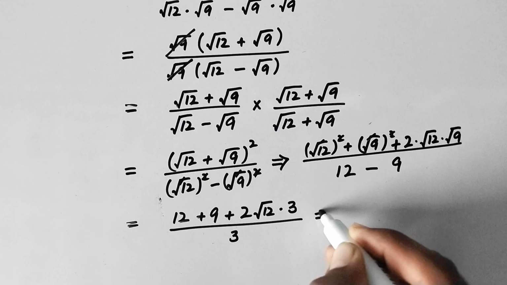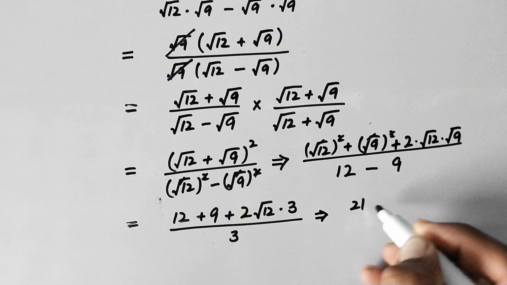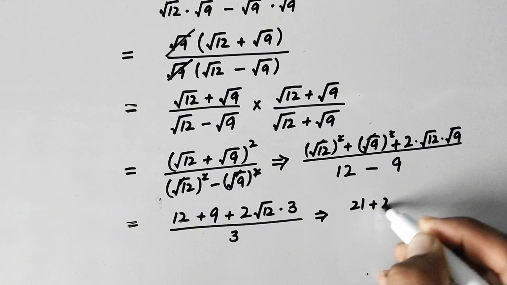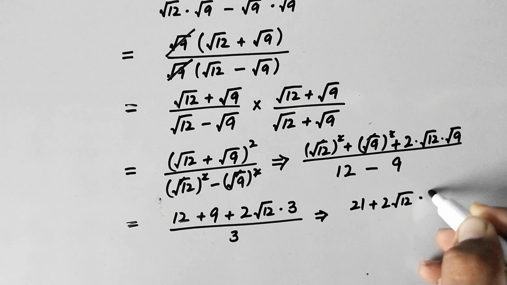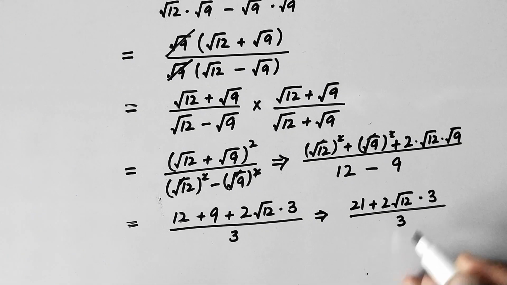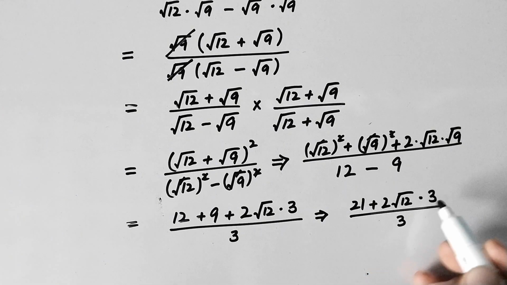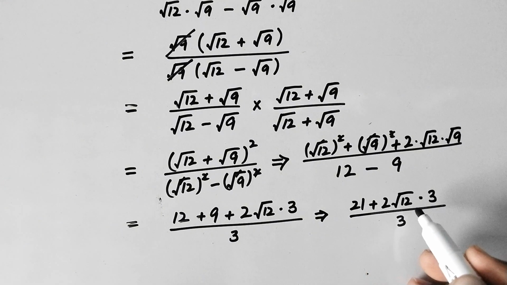Now this will be equal to 12 plus 9 is equal to 21, plus 2 times square root of 12 times 3, divided by 3. And now here from the numerator we can take 3 as a common factor.